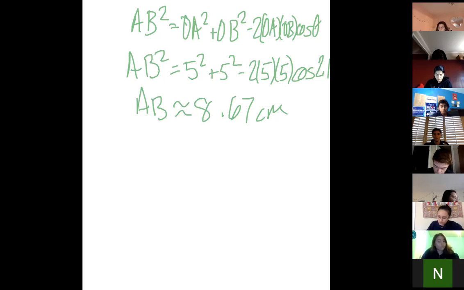So when I look at that shaded region, I refer to that as the crust. In order to find the area of the crust, I have to take the area of the whole pizza slice and then subtract the area of the toppings. So I have to find the area of the sector and subtract the area of the triangle. There's a piece of pizza, and the shaded part is just the crust.